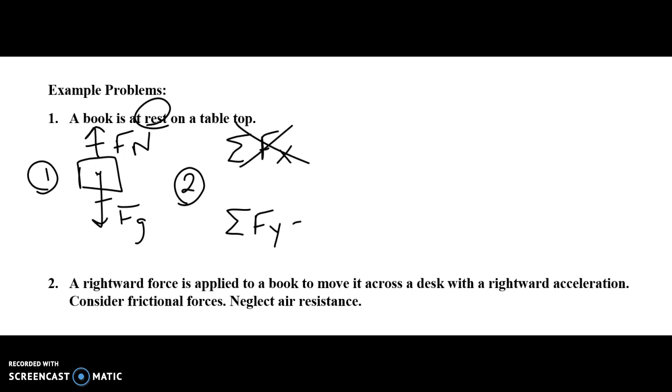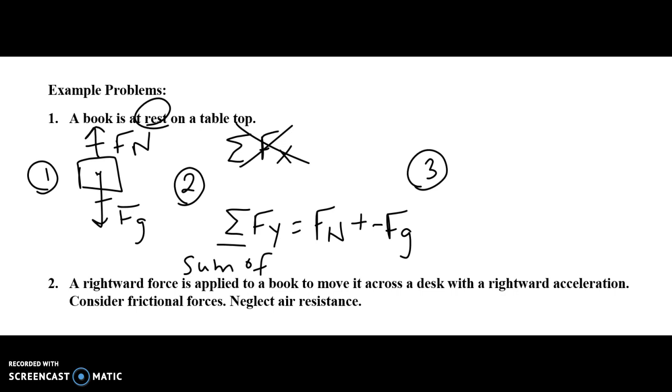In the y direction, net force means the sum of all the forces in the y direction. So I have the normal force plus the force of gravity. Because the force of gravity is down, and down, according to our sign convention, is negative, I'm going to add a negative here. So step two is to just write these two equations for net force.